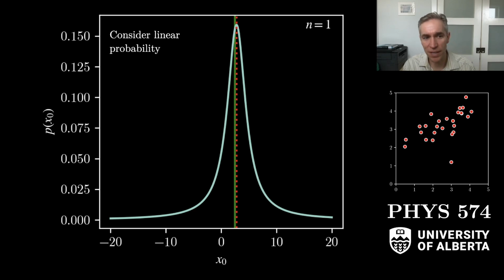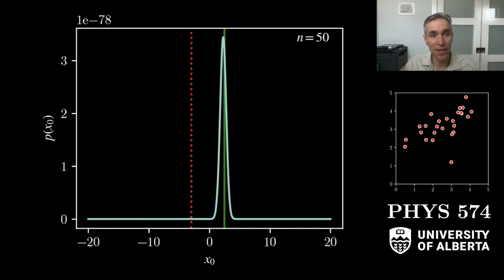And if we go to a linear probability, things look a little bit better. So this is a linear probability for a single datum. Here it is after 50, and we are seeing a little bit of a sharper spike, though recall that the mean of the data is still very far excluded from here, whereas the relative probability of the posterior does include the mean of the data set.